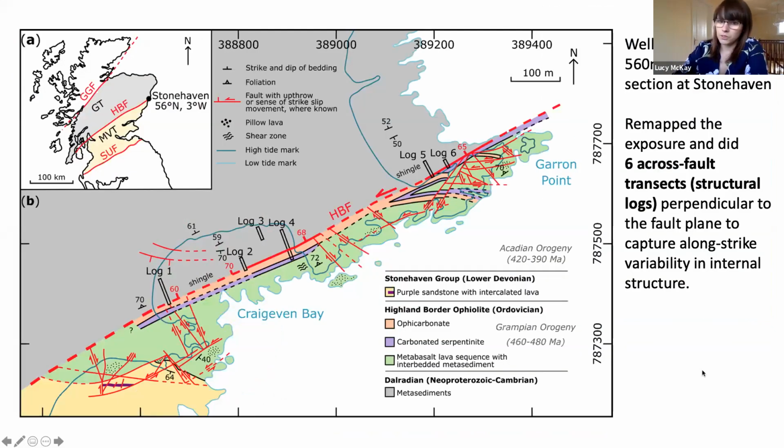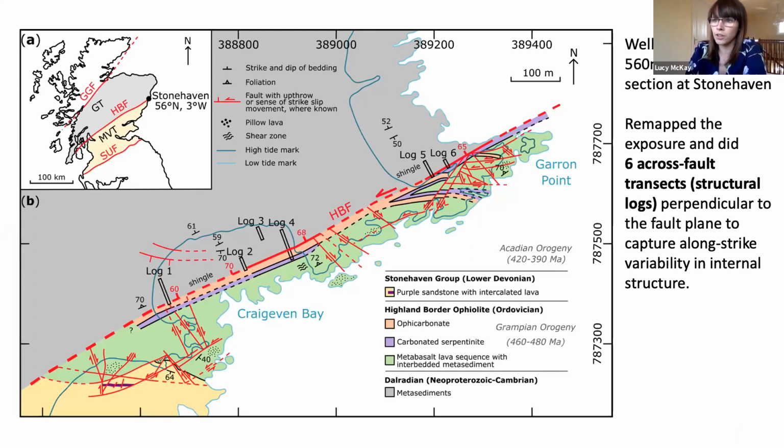So unlike drilling projects along the San Andreas, the Highland Boundary Fault exposures at Stonehaven, which is just south of Aberdeen, actually provide us with a rare opportunity to study the internal structure of a major plate boundary fault.